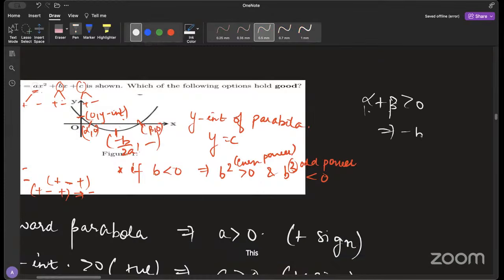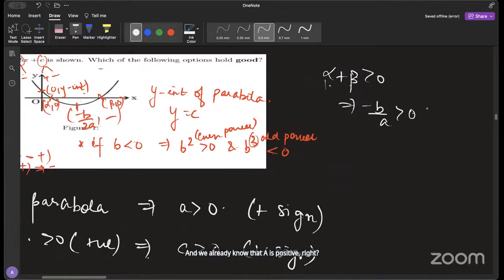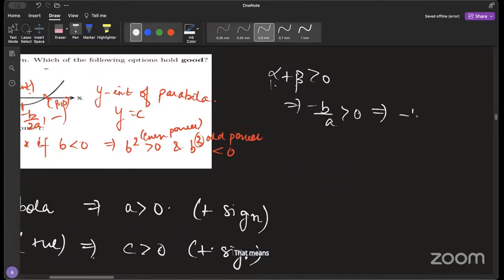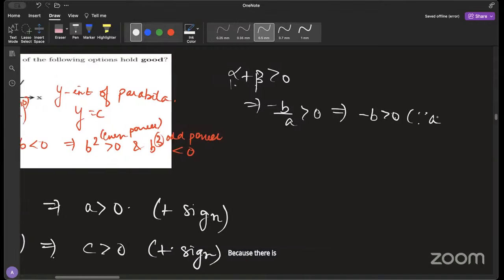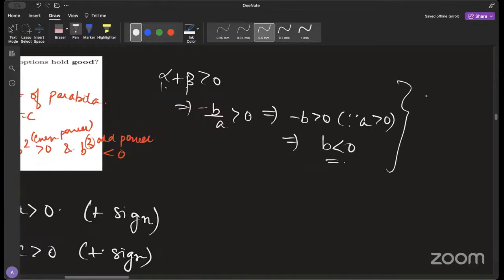This implies minus b by a is greater than 0. And we already know that a is positive, right? That means minus b is greater than 0 because a is greater than 0. And this would mean that b is less than 0. This works too. An alternative approach.